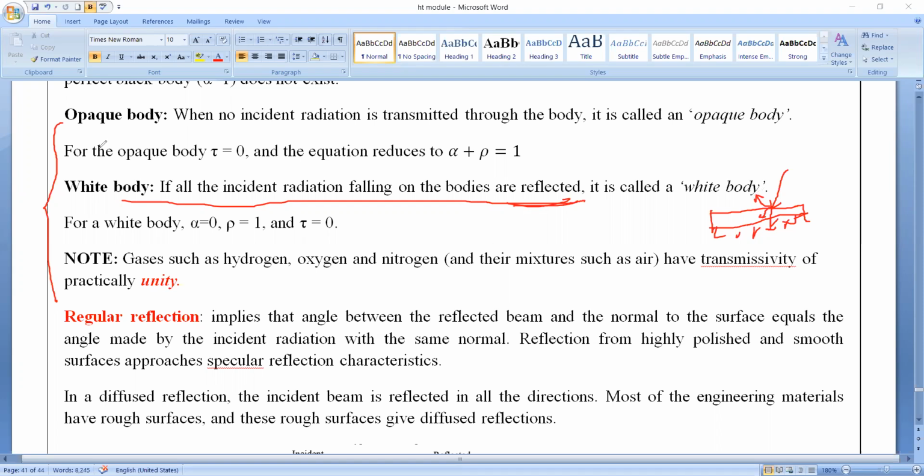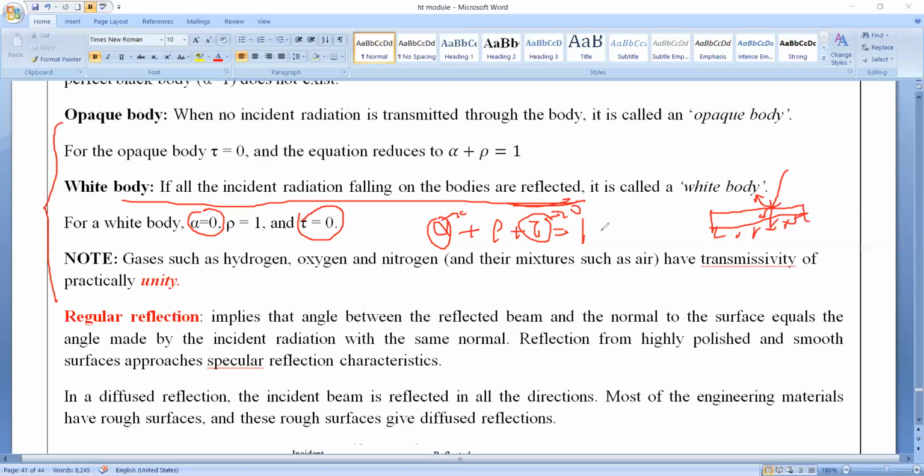Remember students, a white body is one whose absorptivity is equal to 0, whose transmissivity equals 0, and we are left with rho equal to 1. So in the equation alpha plus rho plus tau equals 1, if no absorptivity means alpha equals 0, and no transmissivity means tau equals 0, then we are left with rho equals 1.